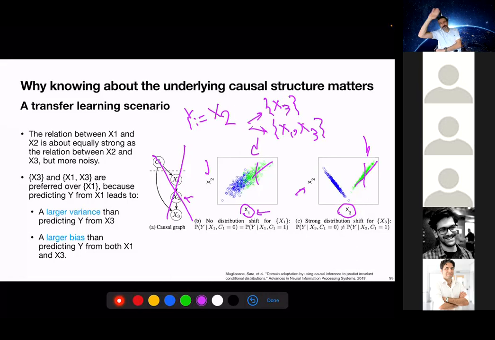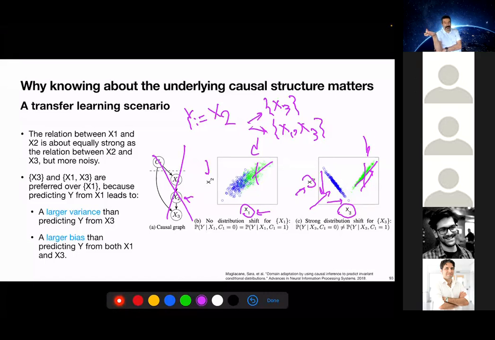But let's now move to the target environment. In the target environment, let's look at the data. These blue dots are the target environment. X3 has changed dramatically in terms of distribution. Now, by increasing X3, X2 not only increases, but also decreases. So we have a distribution shift. This is known in machine learning as distribution shift.